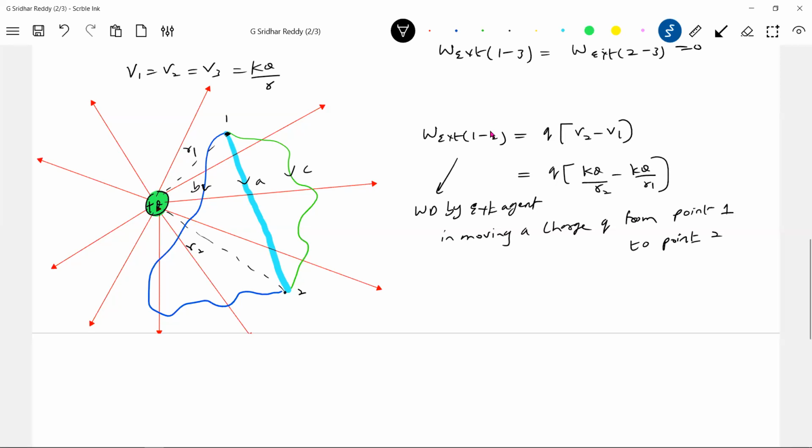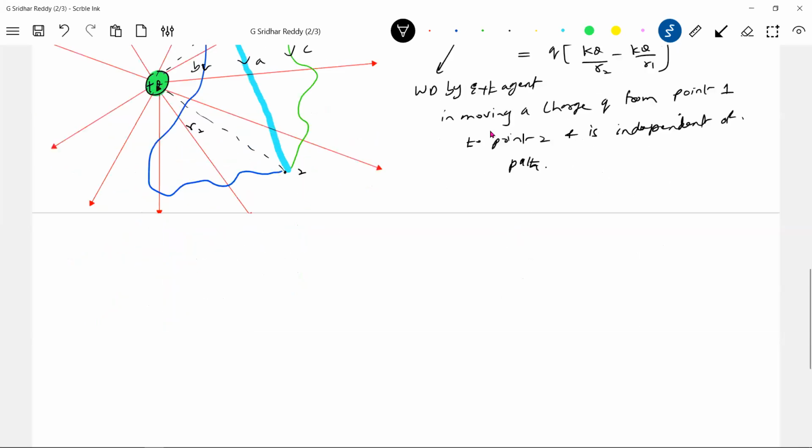I'll substitute and I'll get the answer. It is independent of charge and independent of path from point 1 to point 2. I'm concluding everything in the given data as independent of path. You can take several examples of this kind. So let's do one thing. Let's take a direct application.